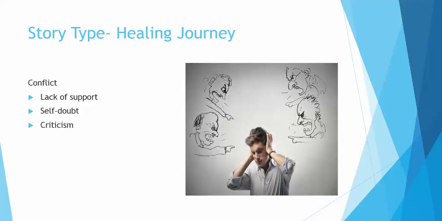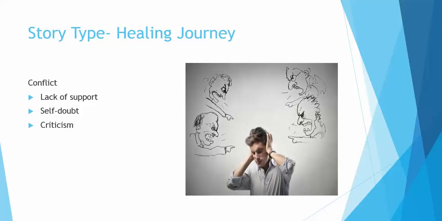Now, the biggest conflict in this story is not necessarily another person. Most of the time, the biggest conflict is self-doubt. And that usually comes out of not having any support, because it's easier to accomplish many things when you have support.